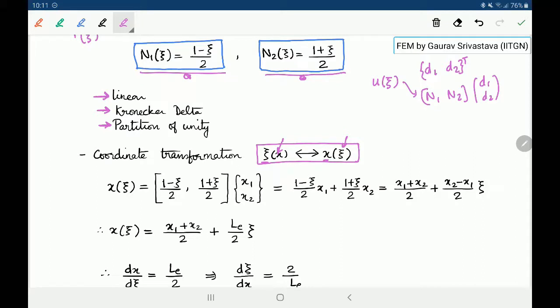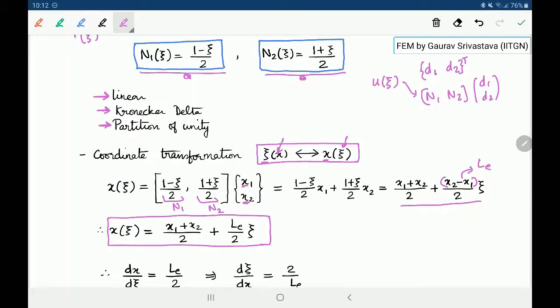Similarly, we know the nodal coordinates x1 and x2. We can use the same n1 and n2, and we can define this x as a function of psi. Okay, from here we have done some simplification where x2 minus x1 we are saying is the length of the element Le.